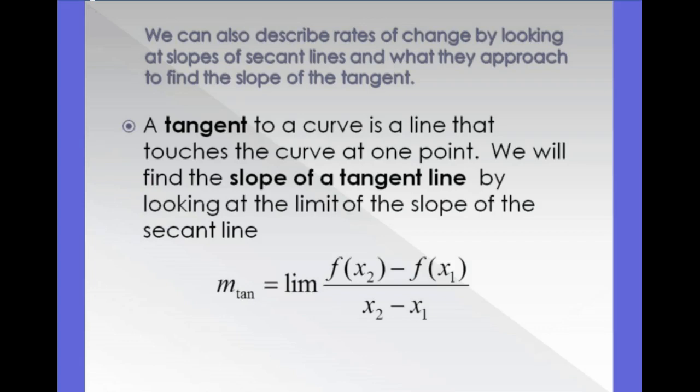We find the slope of a tangent line by looking at the limit of the slope of the secant line. So the slope of the tangent is equal to the limit of the slope of the secant.